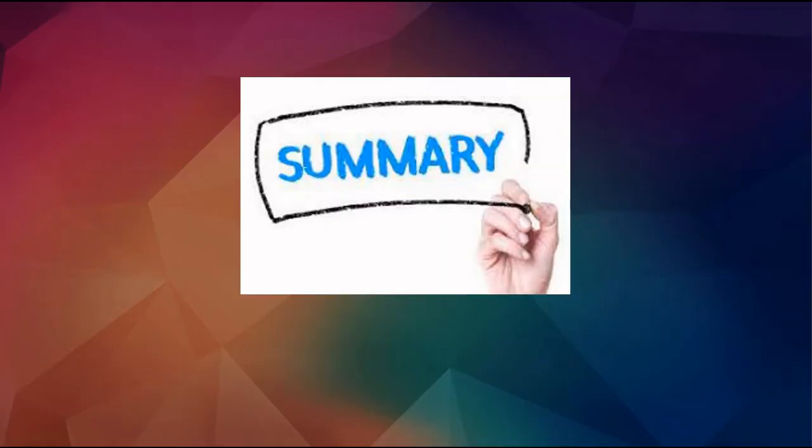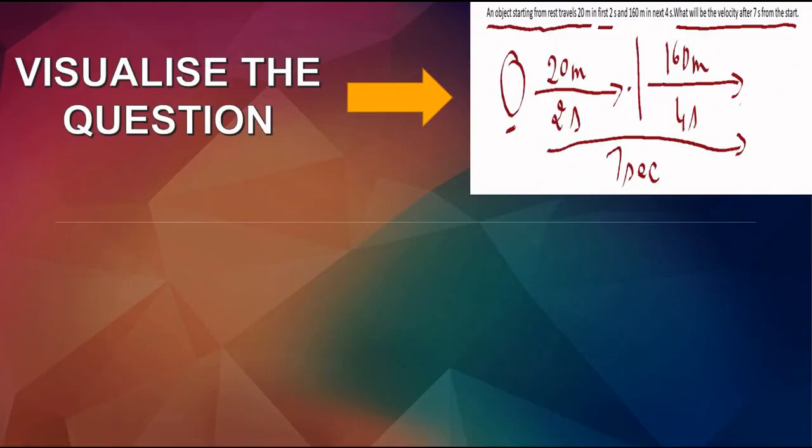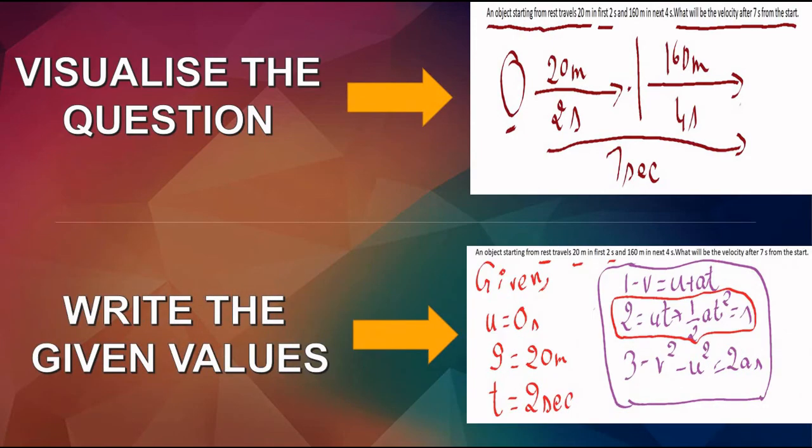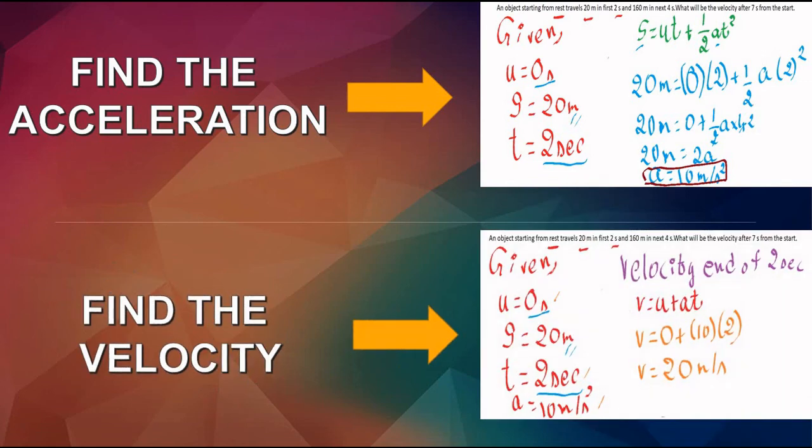Now let's have a quick summary of the entire problem and solution that we did. The first step that we did is to visualize the question. The second step is to write the given values from the question and recall the equations of motion, and then find the acceleration in the first part of the question. We found it as 10 meter per second square. And then we found the velocity.